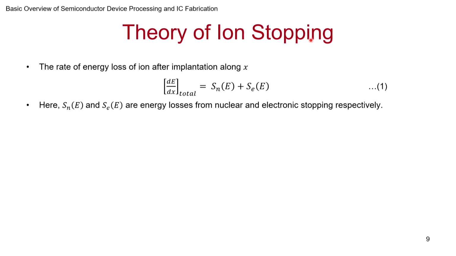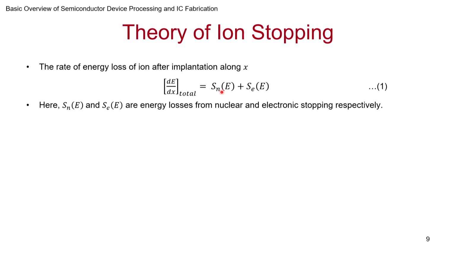So, there are two components, S sub n and S sub e, and common sense says they are functions of the energy with which the ions come in. First order, they determine how much it stops. The more the difference, the more chance that the target will object to this new entity coming in with very high energy.